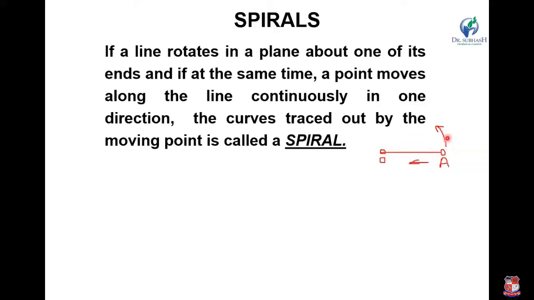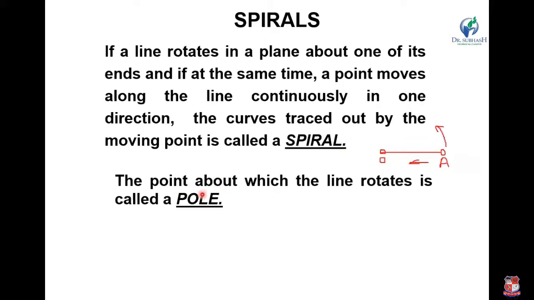At the same time, suppose an insect is at point A. When the line moves in the counterclockwise direction, the insect on point A will move towards the center O. The path of that insect is called a spiral.